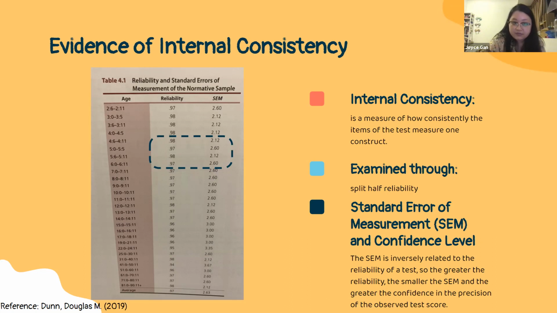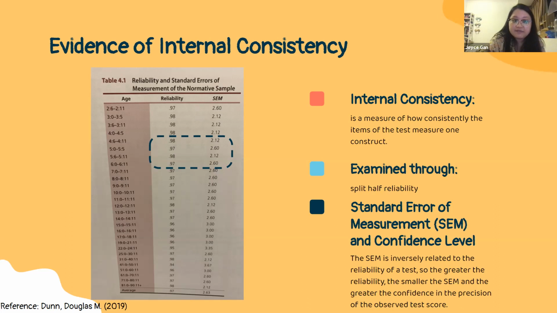The standard error of measurement, or SEM, provides an estimate of the amount of error in an individual's observed test score. The SEM is inversely related to the reliability of a test. So the greater the reliability, as you can see from the box in our table, the smaller the SEM, and the greater the confidence in the precision of the observed test score.